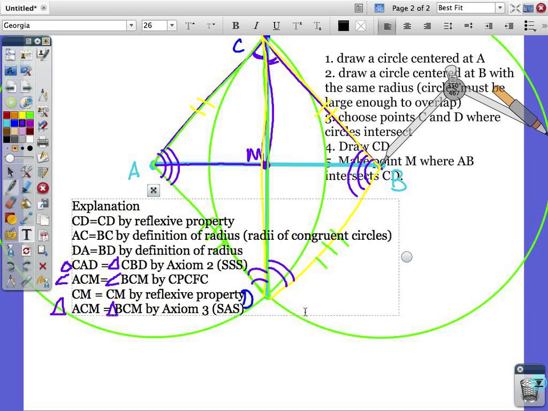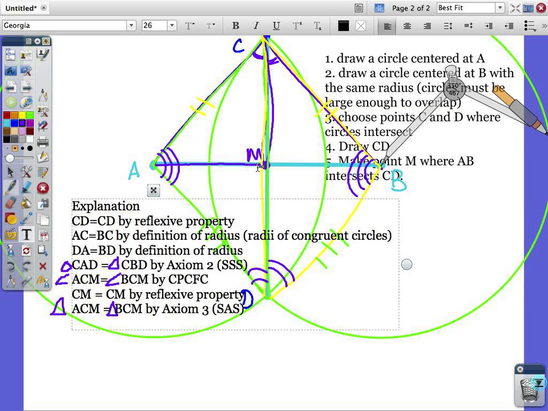Do you see that we have two triangles here? ACM, that's a triangle that we just said was congruent to BCM. So that's another triangle. So what are the corresponding parts? AM corresponds to what? Not CM. BM. So they're corresponding parts of congruent figures.